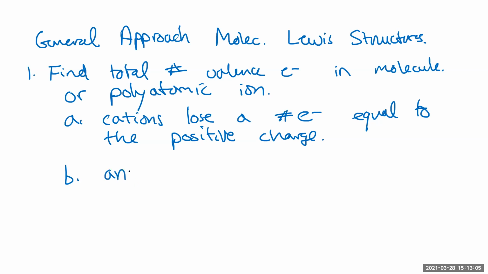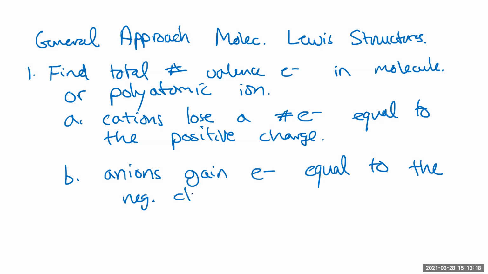By that same token, anions, of course, we know gain electrons, and so it will be equal to the negative charge of that particular ion. So you'll count up the full number of valence electrons associated with each atom in that molecule, and then add an additional number of electrons equal to that charge.